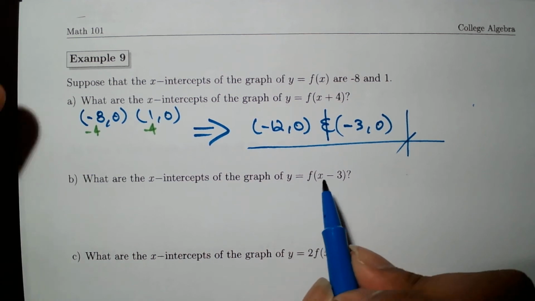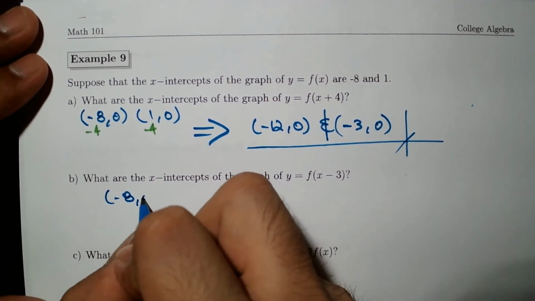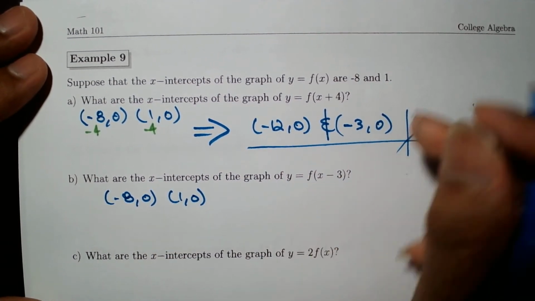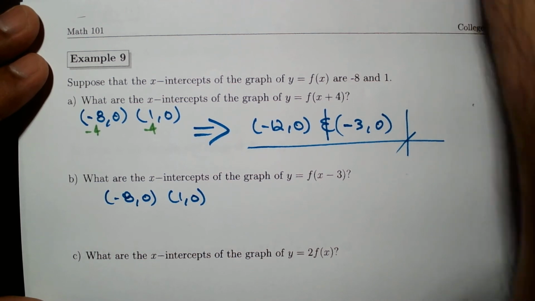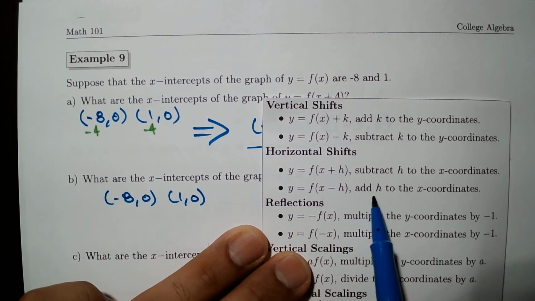What about in this case? It's going to be very similar: (-8, 0) and (1, 0). So f of x minus 3, what are we going to get here? Basically the same, but in this case we add h units.